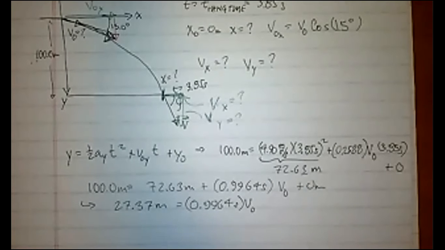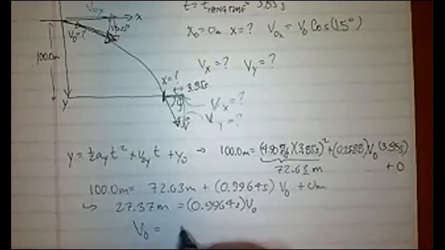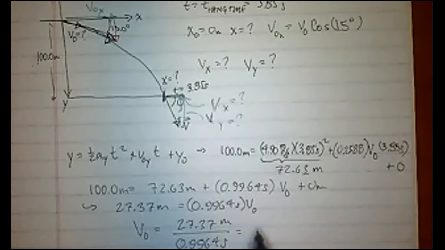Okay. Now, finally, I can figure out that the velocity initially is equal to 27.37 meters divided by 0.9964 seconds. And I believe that should be 27.47.